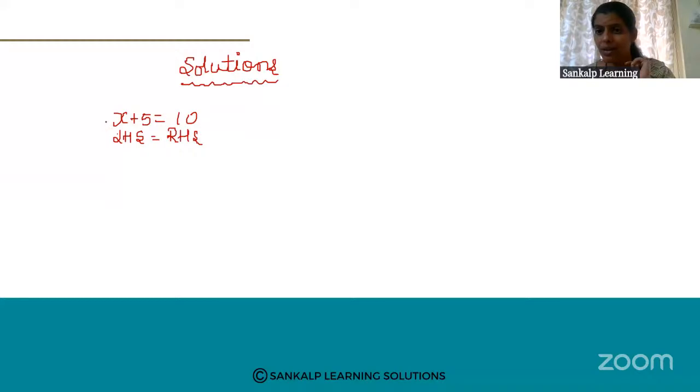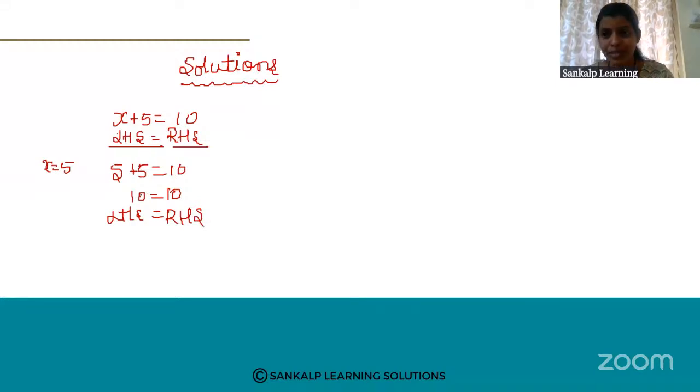When does it become equal? When you substitute a value for x and your LHS part and RHS part become equal, that value of x we call a solution of that equation, right?